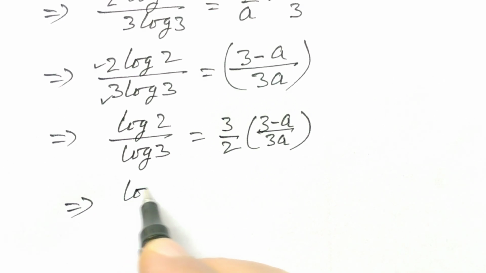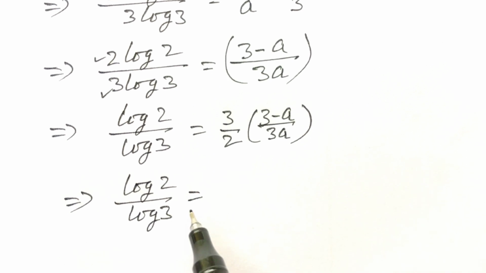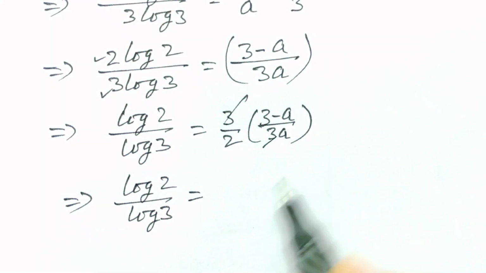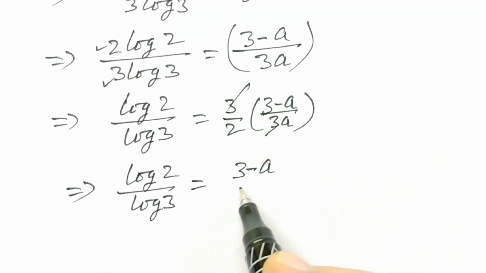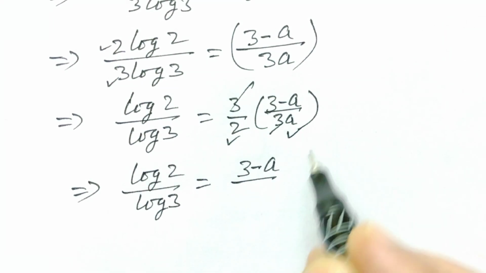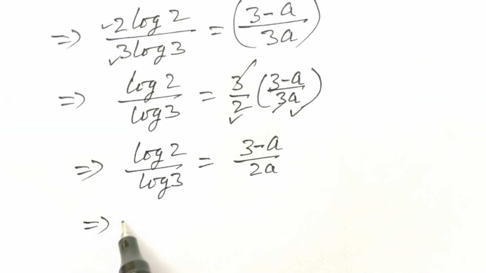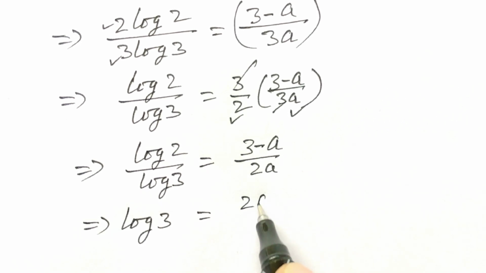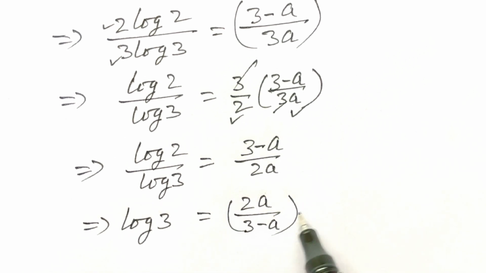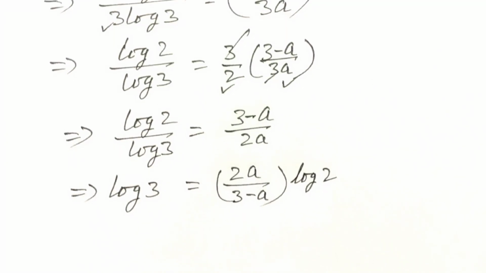Now 3 and 3 cancel out, right? Now we have remained 3 minus a over 2a. Fine. So log of 3 will be equal to 2a over 3 minus a into log of 2, right?